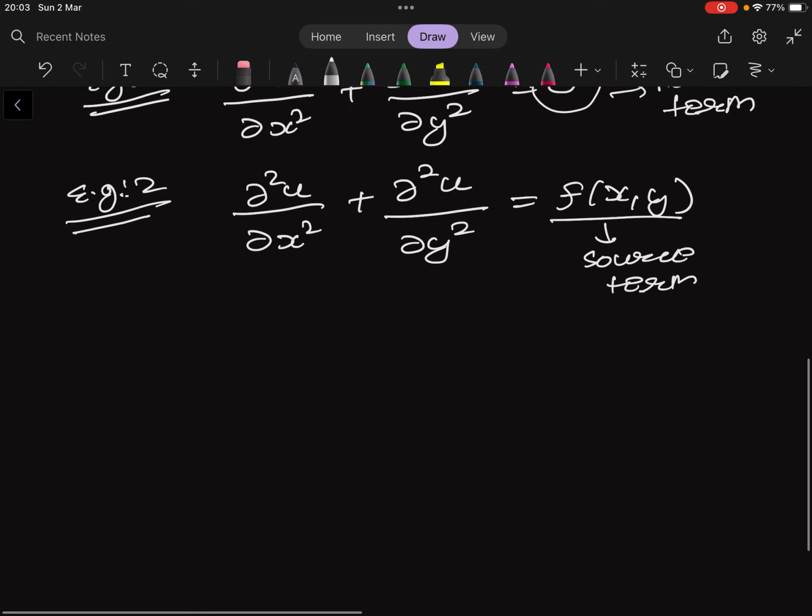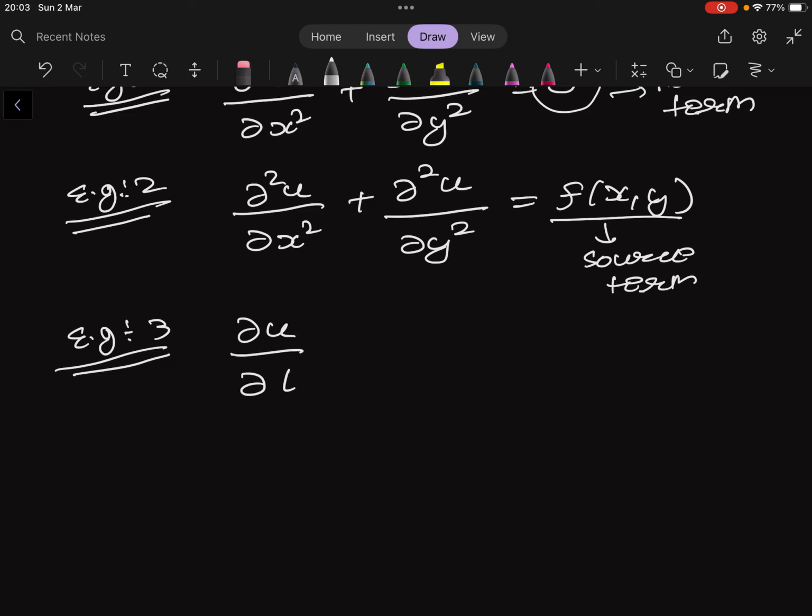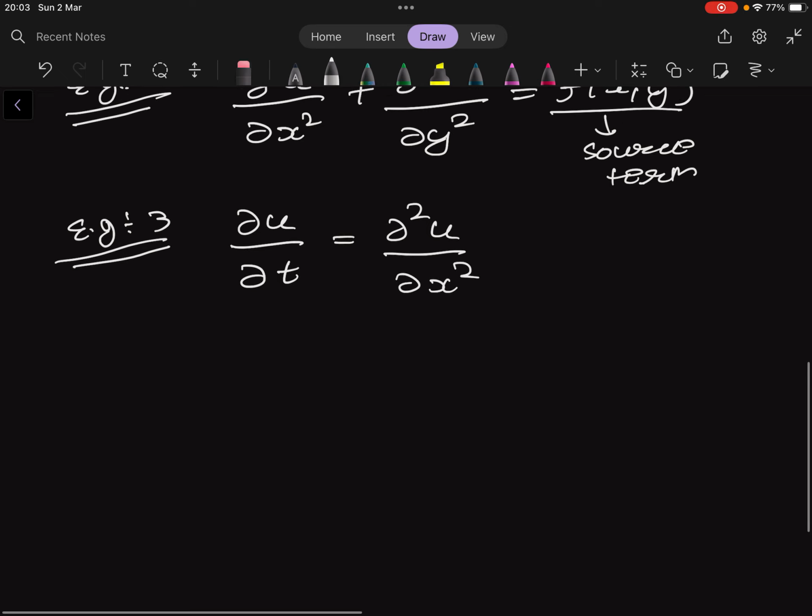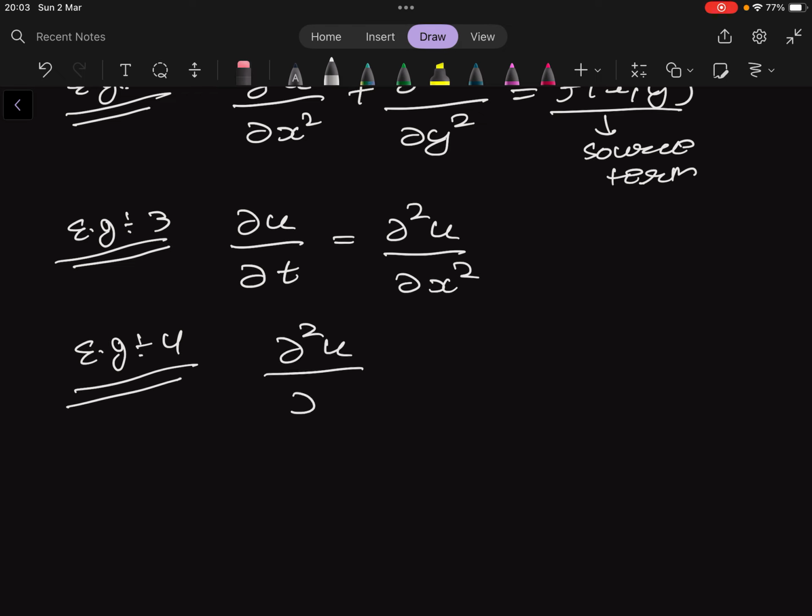Now let's see the third example. We can write in this form also, dou u by dou t equal to dou square u by dou x square. And let's see the final example, example 4, dou square u by dou t square is equal to dou square u by dou x square.